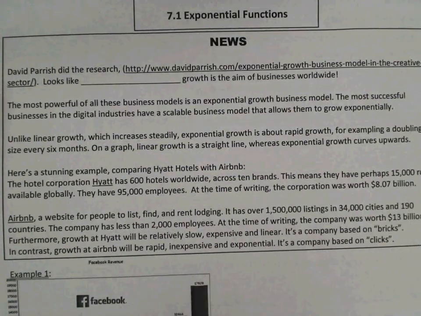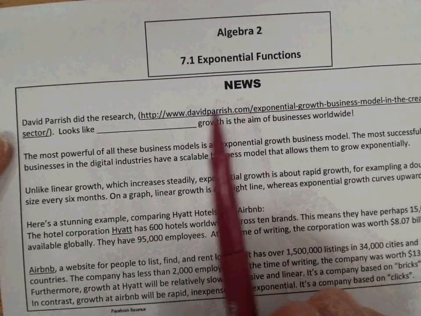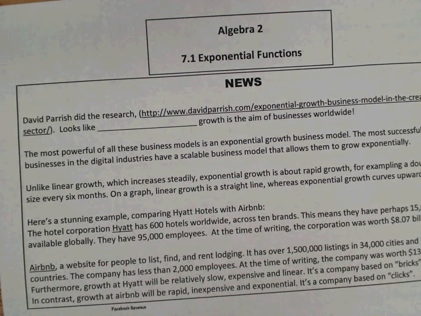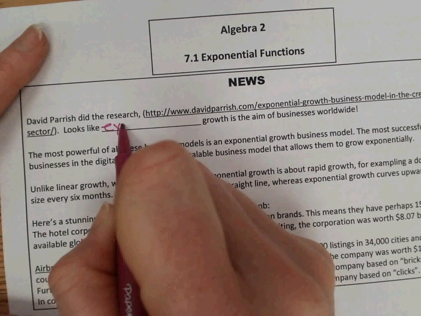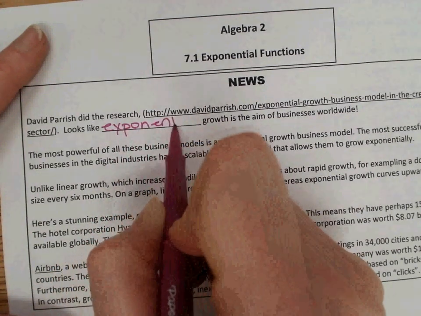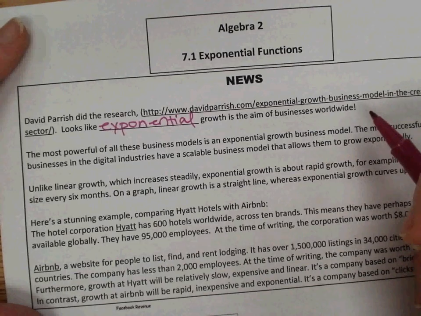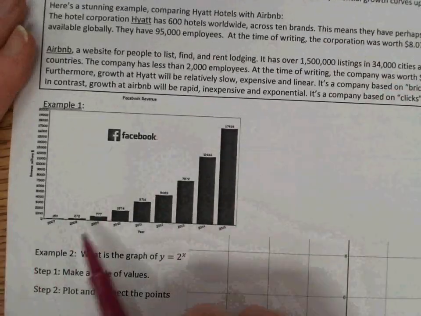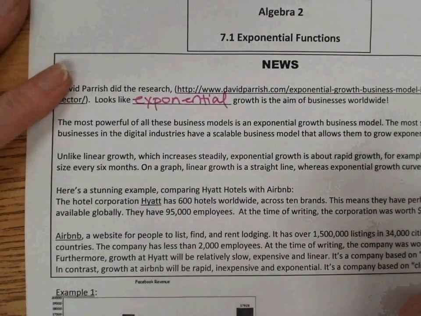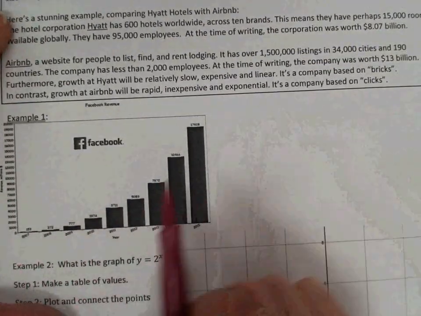David Parrish did the research, and here's the link to the article if you want to look into that more. Looks like exponential growth is the aim of business worldwide, which makes sense. We've seen our exponential growth function and how quickly that rises in contrast to a linear growth model.